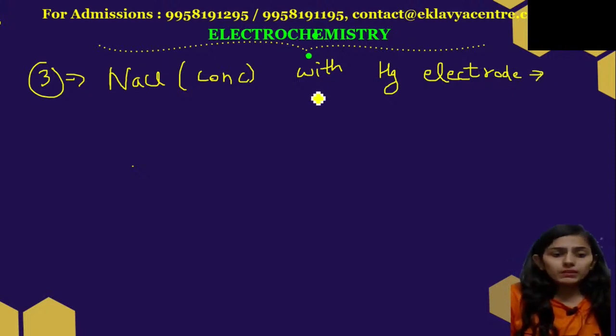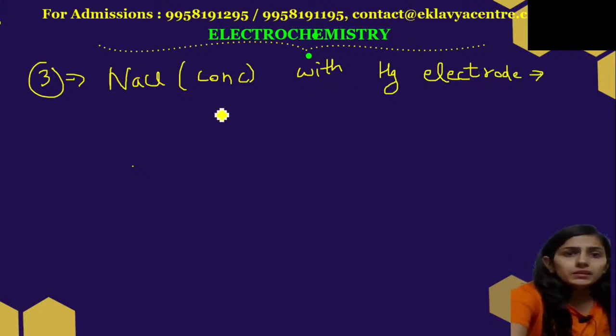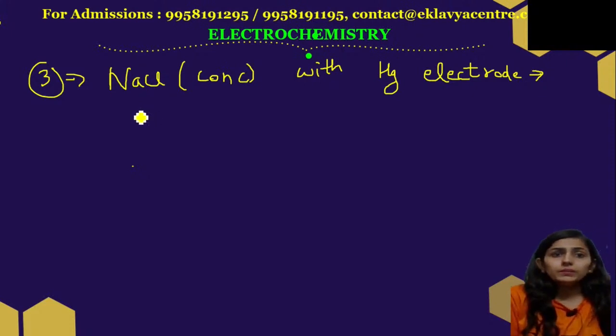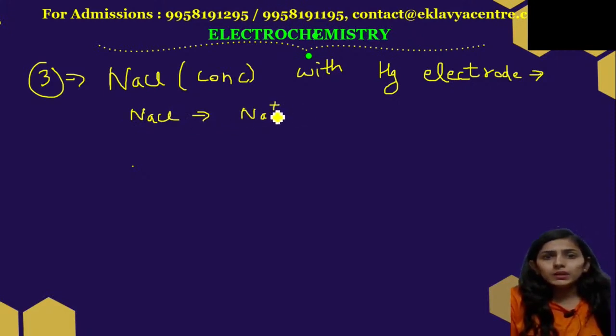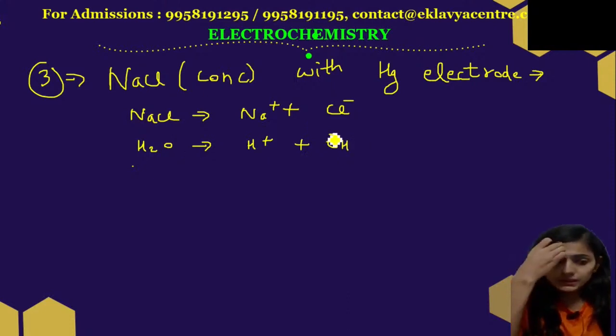So suppose we have again here platinum. We are not taking platinum electrode, we are taking mercury electrode. So what happens? NaCl will get dissociated into Na positive plus Cl minus, and water gets dissociated into H plus and OH minus, right?